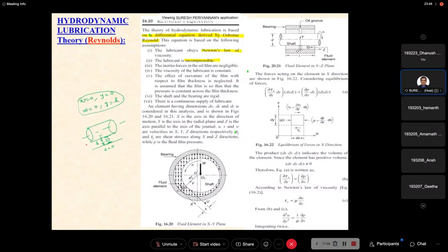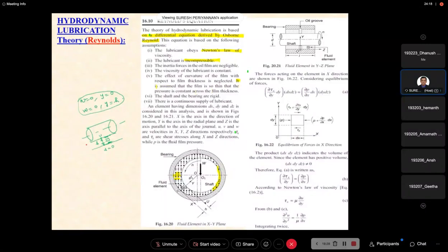The effect of curvature of the film is neglected, since the film is very thin compared to the curvature.